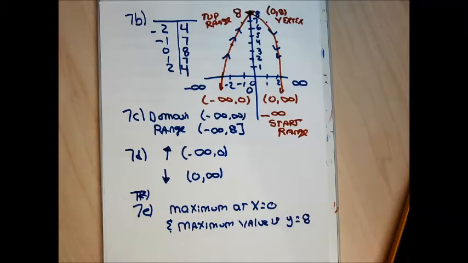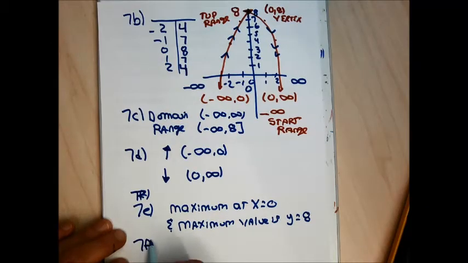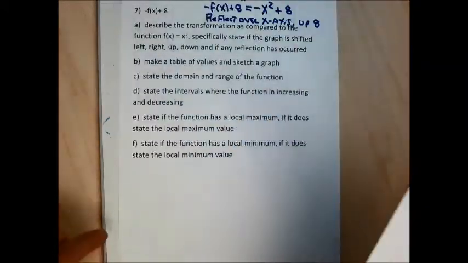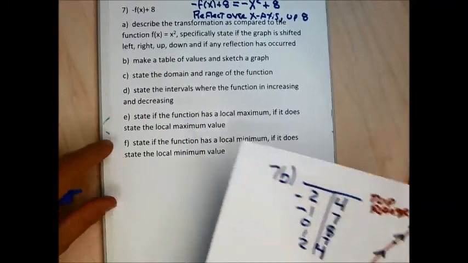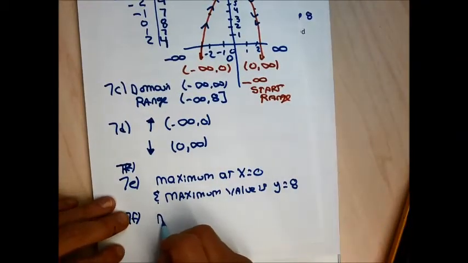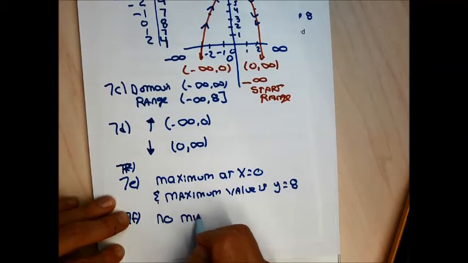Always when I go to answer the question about the maximum or minimum points, I separate the x's and the y's. And for part F, it's asking about a minimum point, and the function doesn't have a minimum point. So there's no minimum point, or no minimum would be fine.